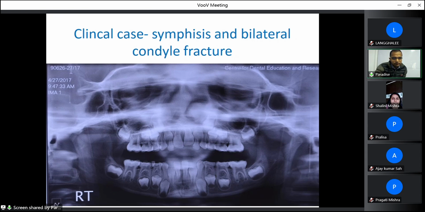What else? And what we know, whenever you find a condyle fracture, you have to suspect for any other fracture, because most of the cases condyle fracture is always associated with other fracture of the mandible.